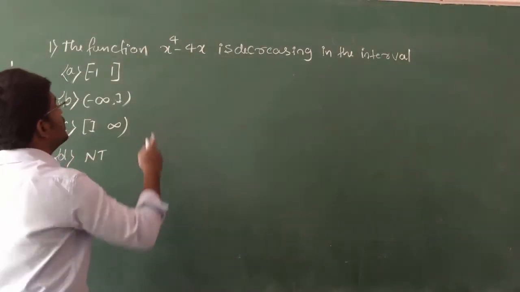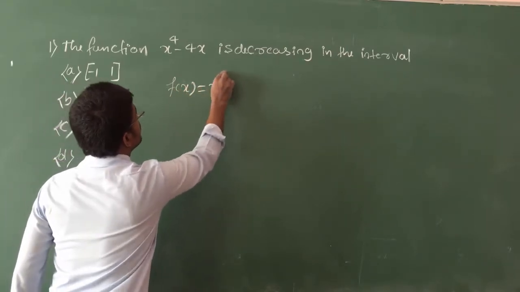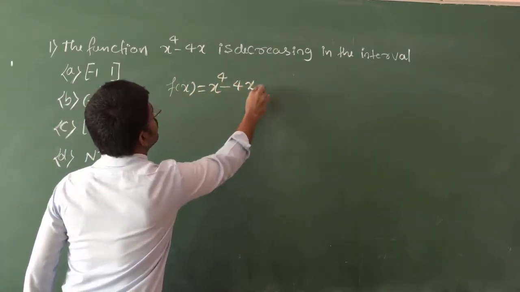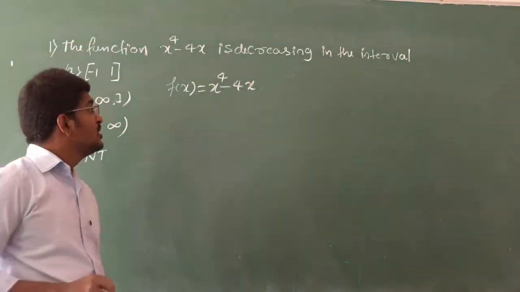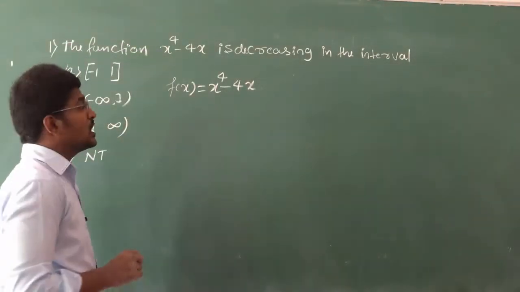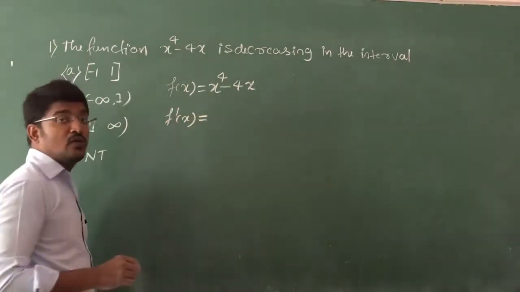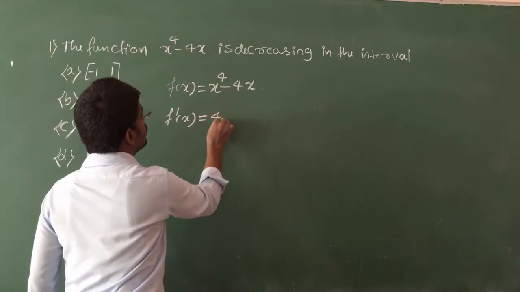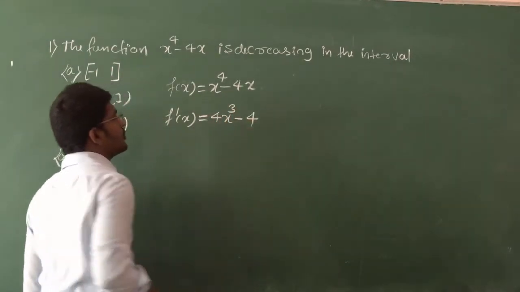Clear? Okay. So f of x is equal to x to the power of 4 minus 4x. This is the given function. If I differentiate it, f dash of x will be equal to 4x cube minus 4.